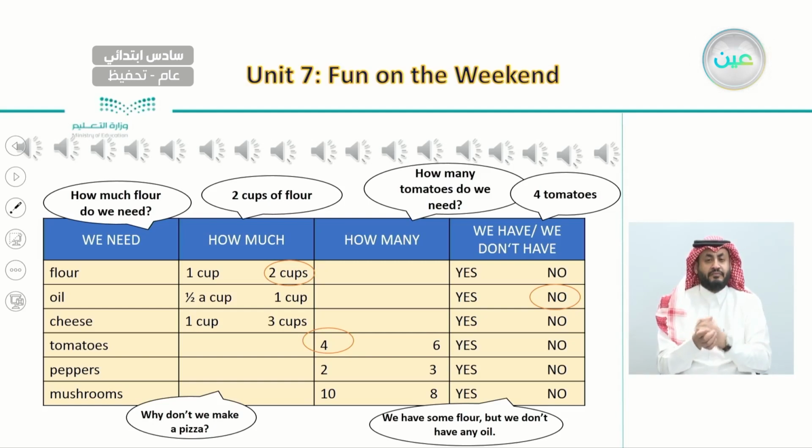Half a cup of oil. And cheese? How much cheese? 3 cups of cheese. Wow, that's a lot of cheese. What about tomatoes? How many tomatoes do we need? 4 tomatoes. Okay, 4 tomatoes. How many peppers? 2 peppers. How many mushrooms do we need? 10 mushrooms.